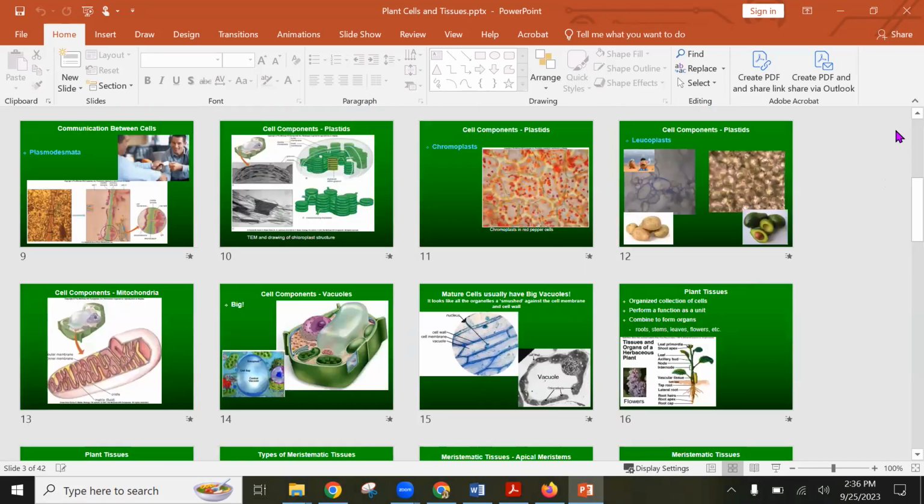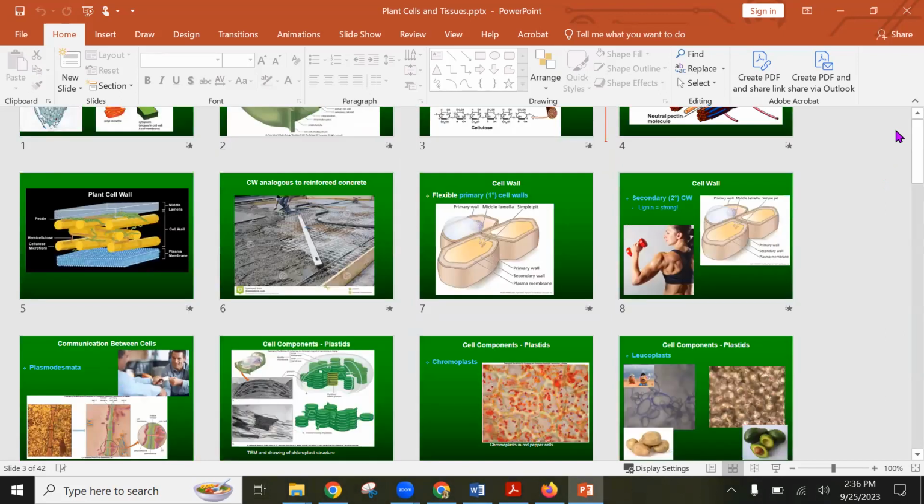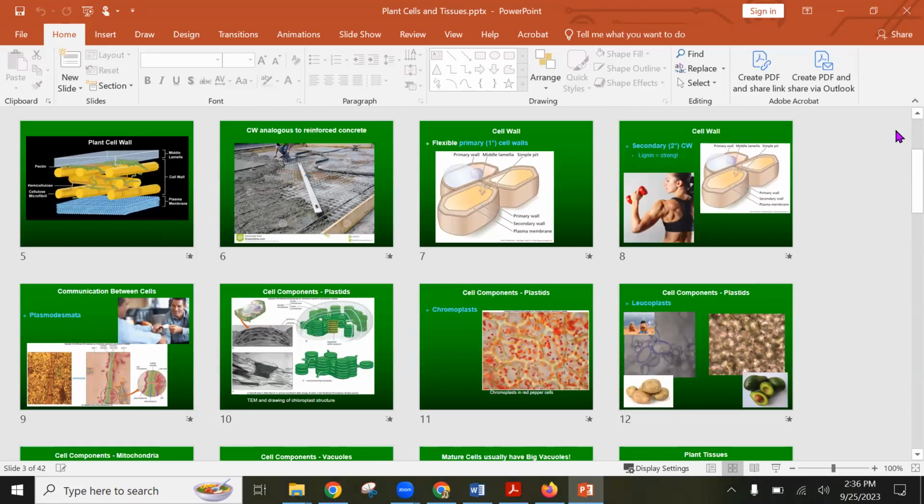Yes. So the leucoplast is like the umbrella term, right? And then the amyloplast for starch, so you'll have like the potato tuber, and then the oleoplast for all the fats and oils like the avocado.